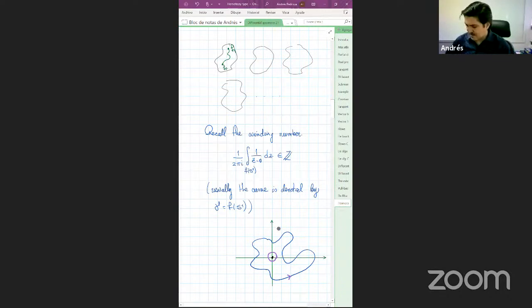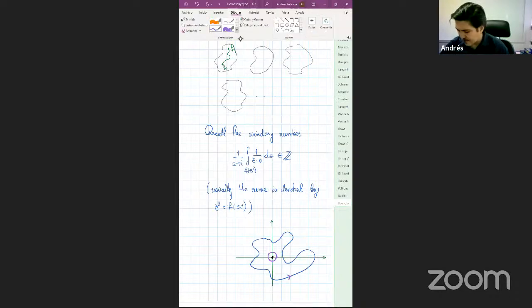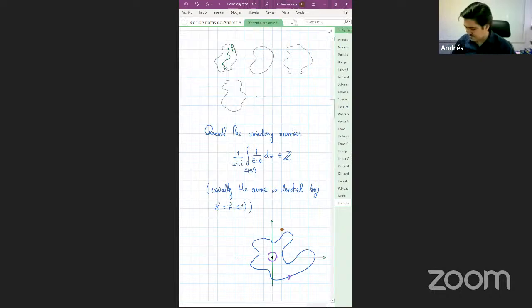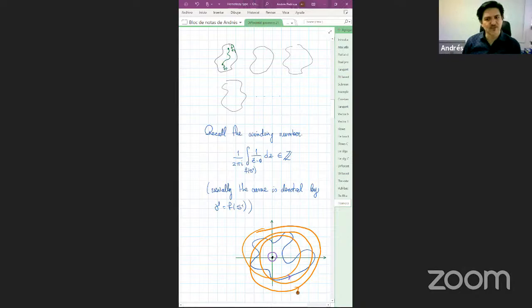And now I can draw a different curve. Again, I'm going to stick to simple closed curves. Well, sorry, it's no longer like this. So for that, the winding number is 3. And also you can shrink it to a small disk, but now you will go around 3 times along that, okay?